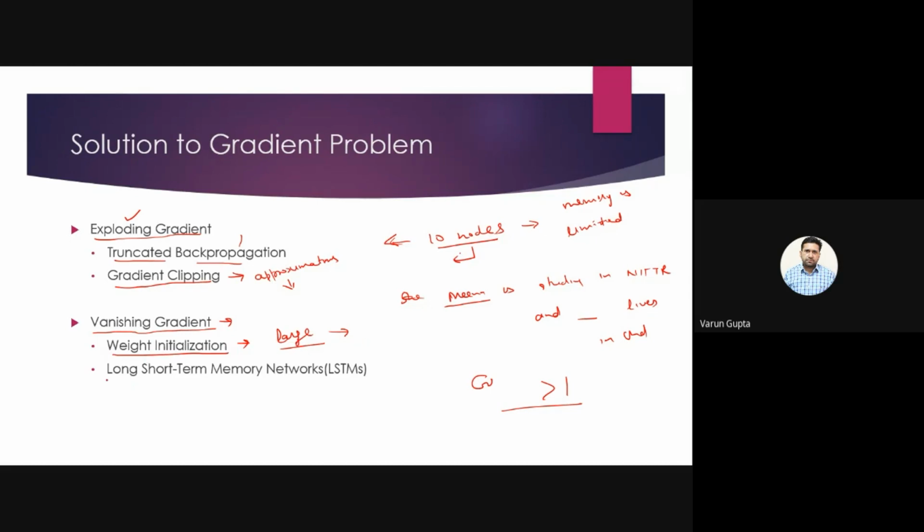Or another solution is using long short-term memory, LSTMs. In LSTMs, meaning long short-term memory, you can have long as well as short-term memory. You can decide what to keep and what to forget. So automatically your network will learn what to keep in memory and what to forget.